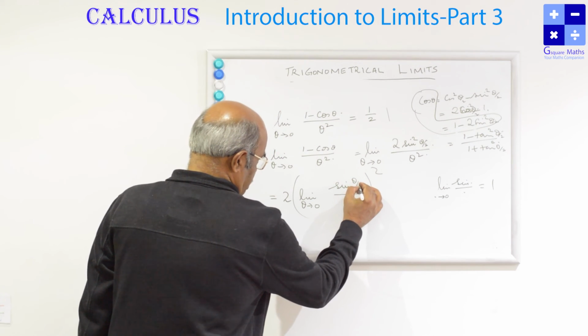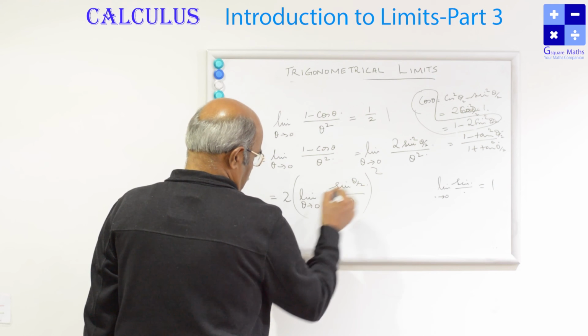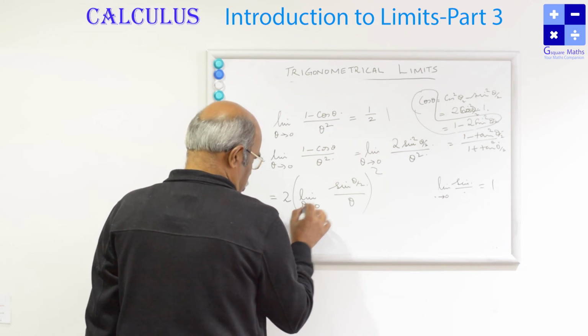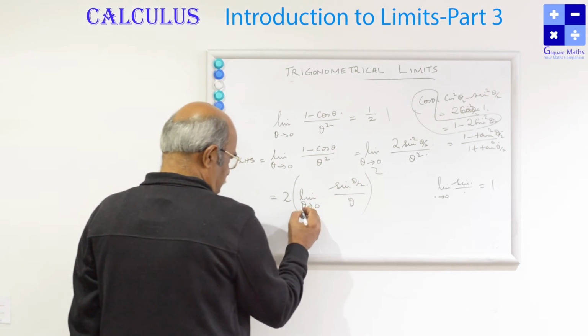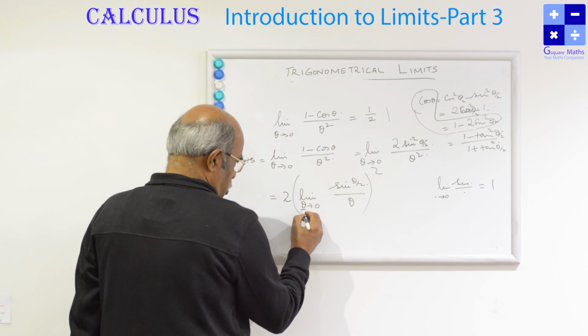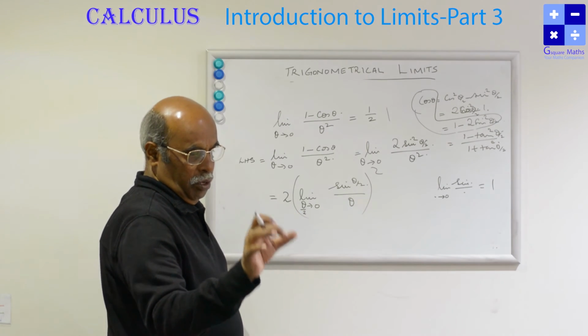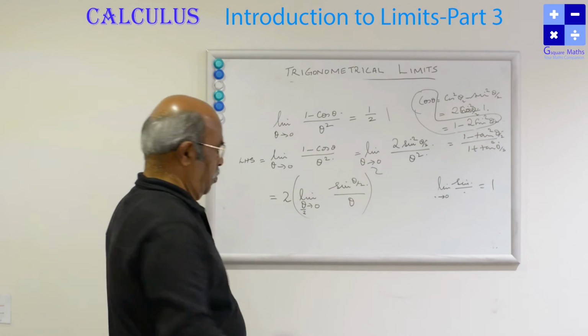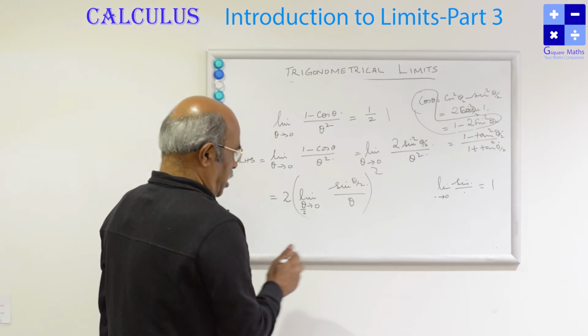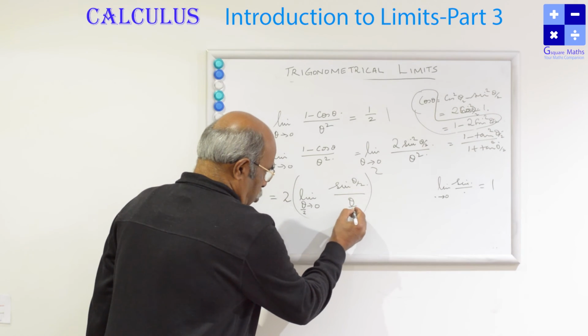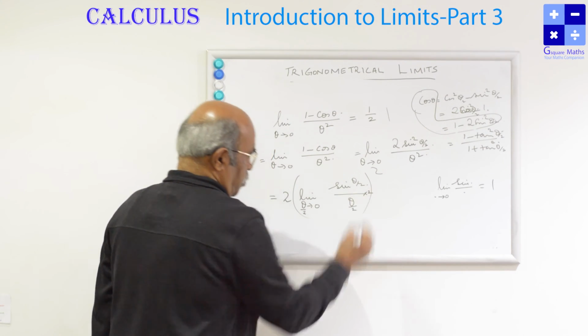Therefore, here I want the dot theta by 2. Here also, I want the same theta by 2. Here also, I want theta. As theta tends to 0, theta by 2 also will tend to 0. Whatever value tends to 0, half of that also will tend to 0. Here the dot is not there. So, by 2 into 2.